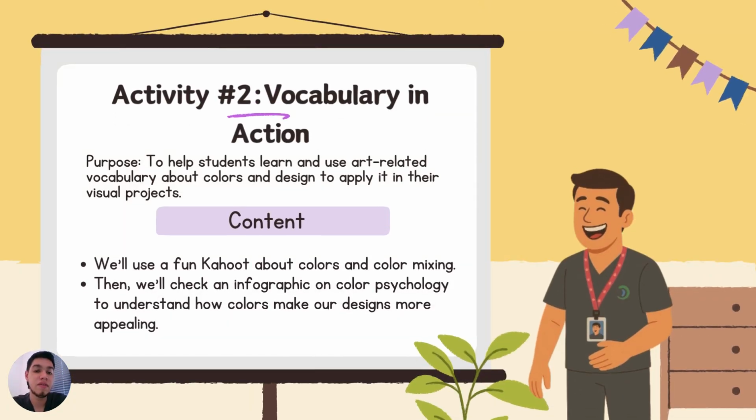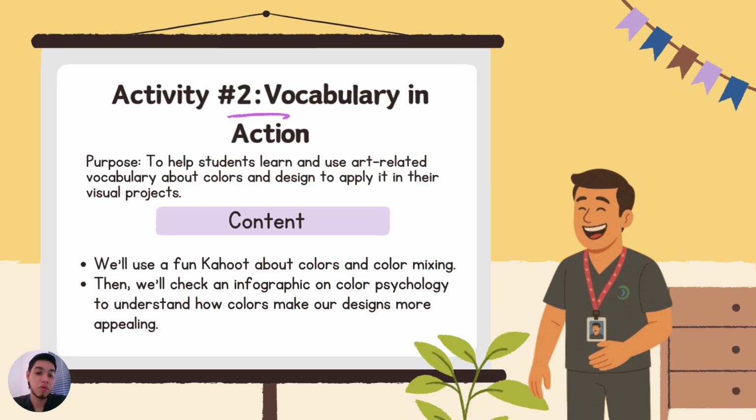So now, activity number two is called vocabulary in action. The purpose of this activity is to help students learn and use art-related vocabulary about colors and designs to apply in their visual project.